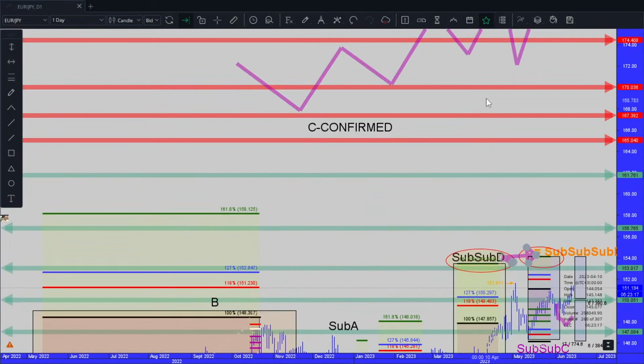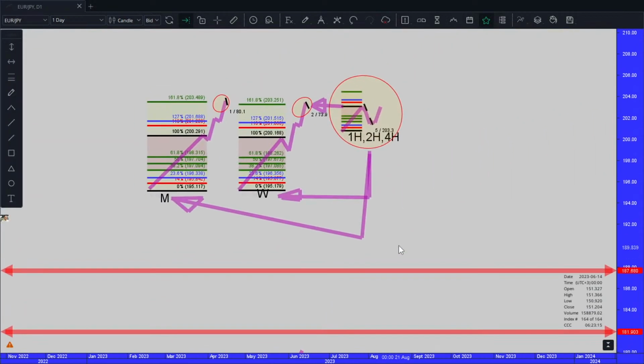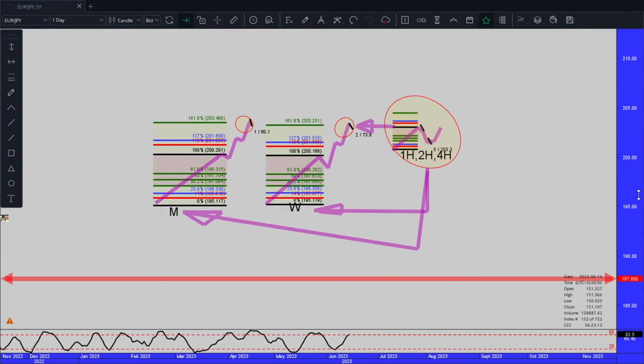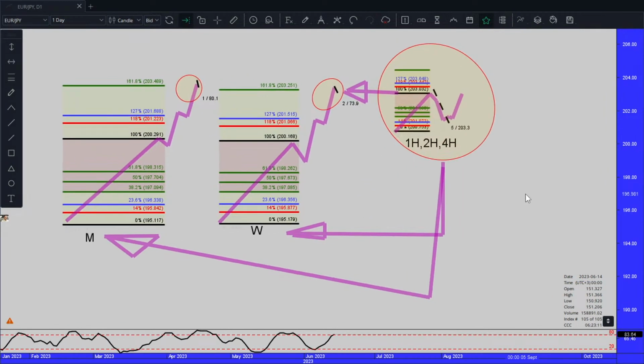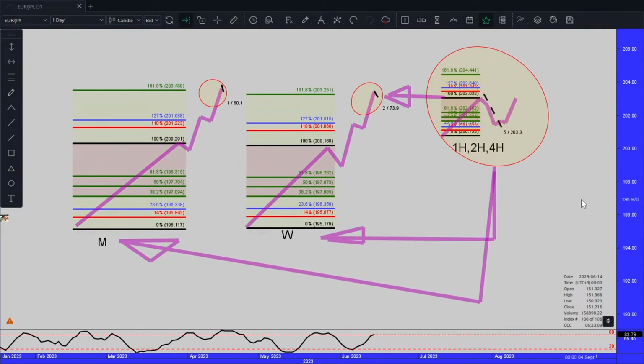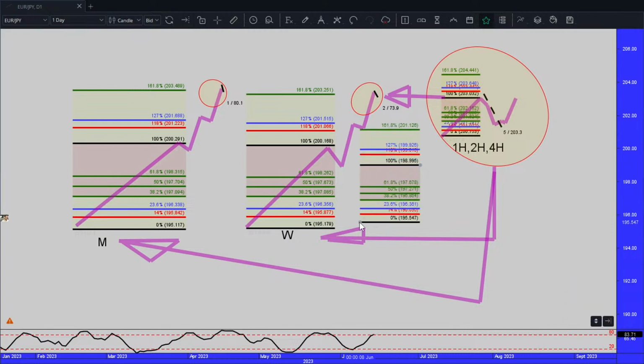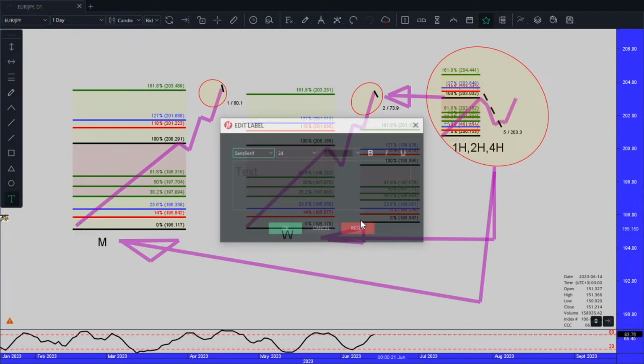If you understand the logic, then what is going to happen on the 1 hour, 2 hour, 4 hour chart when the monthly is going to hit the extension, or the weekly is going to hit the extension, and maybe the daily not, right? Daily not.